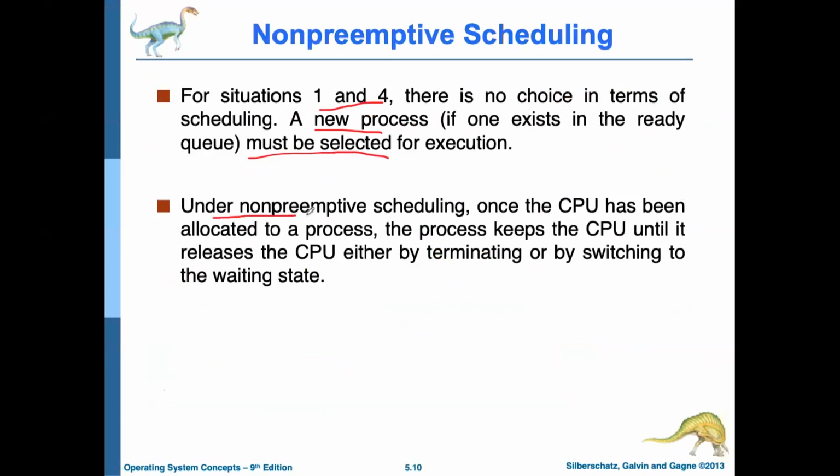Under non-preemptive scheduling, it cannot be interrupted. Once the CPU has been allocated to a process, the process keeps the CPU until it releases the CPU, either by terminating or by switching to the waiting state.